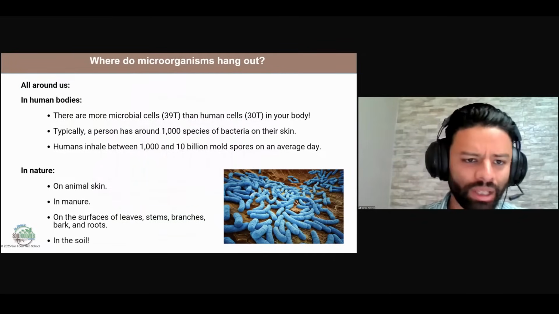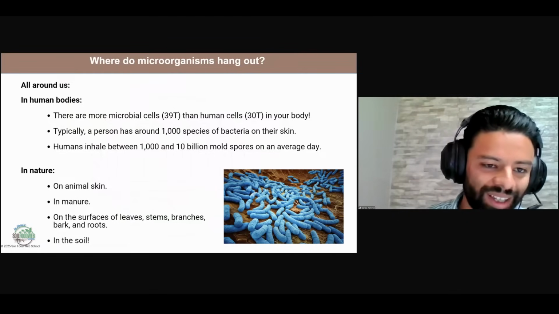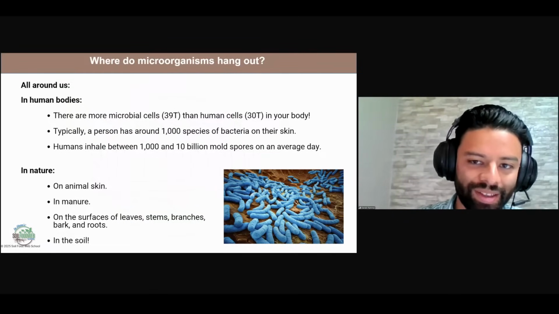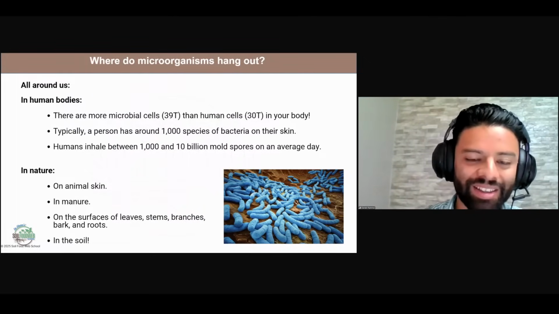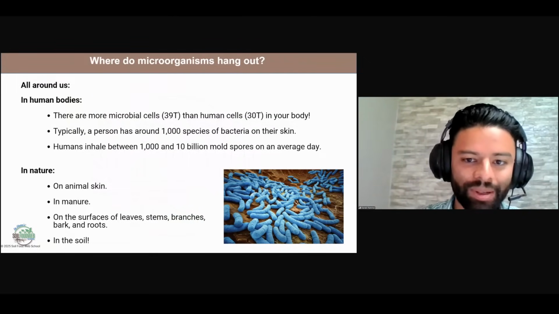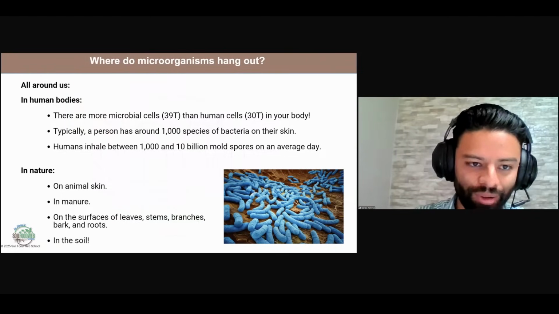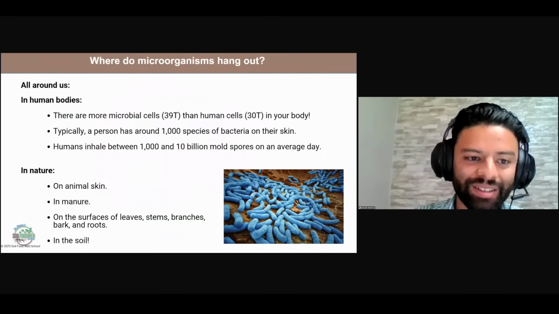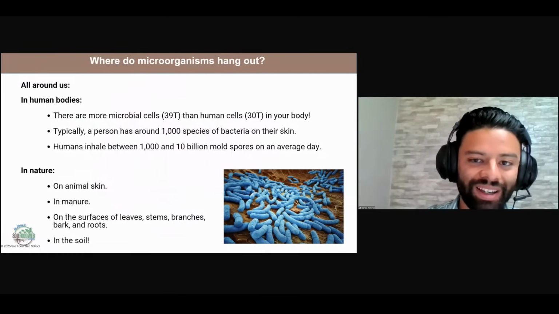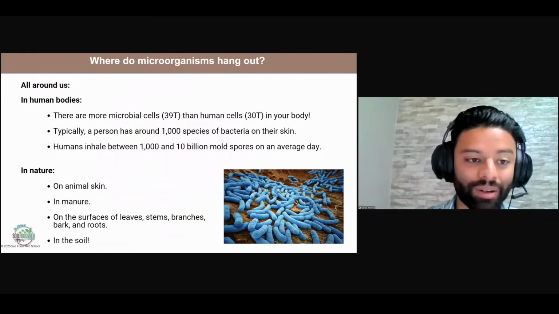Also, if you take a look at your skin, you can have about 1,000 species of bacteria just on the surface of your skin. That's another crazy fact. Think about all those species of bacteria on your skin, coming from the different microbial life.